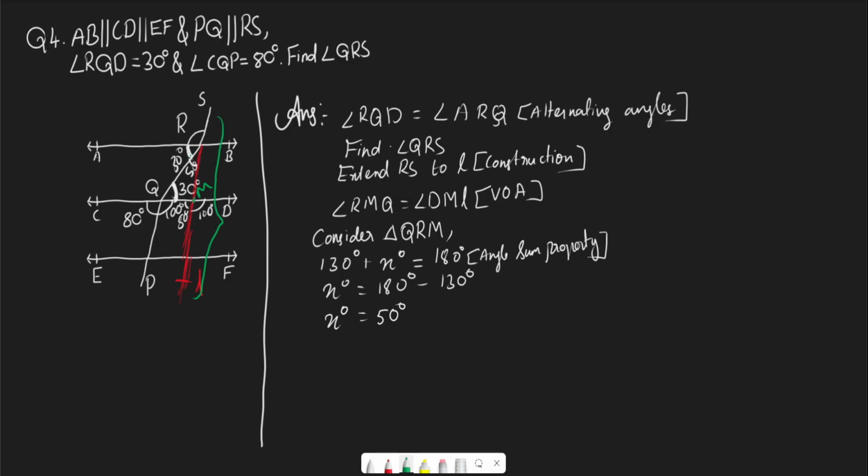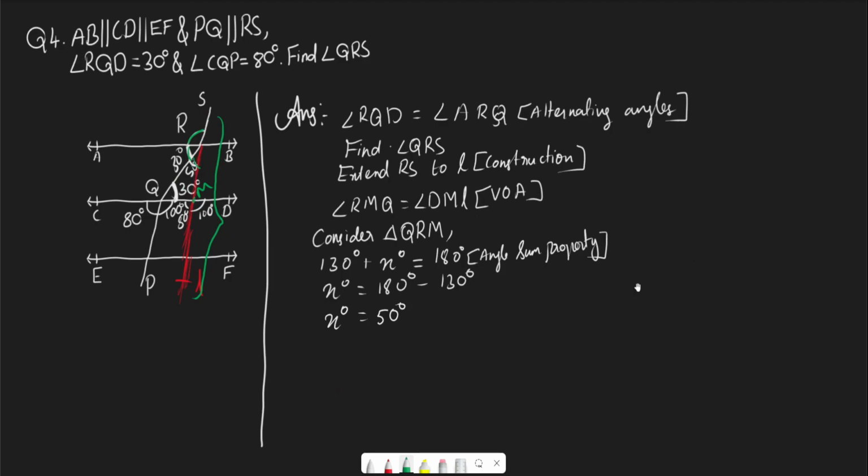As we see, this is a linear pair. You can see angle SRA plus angle ARQ plus angle QRM is going to have 180 degrees.